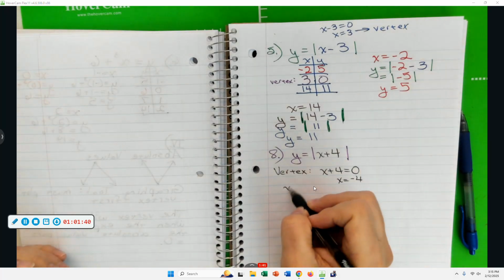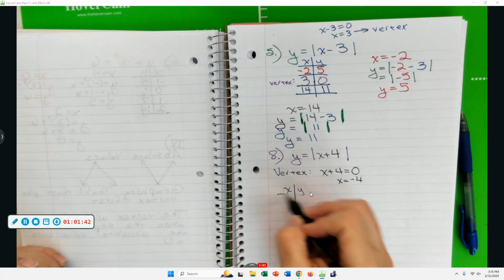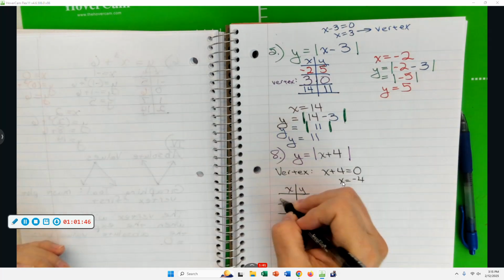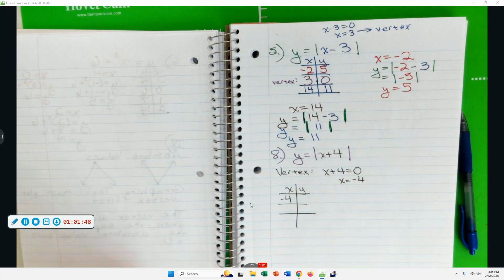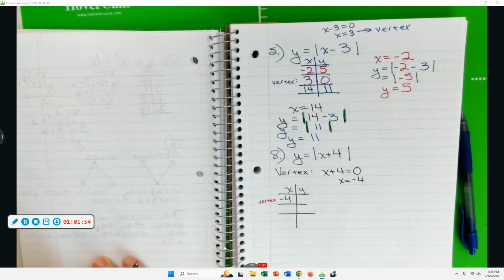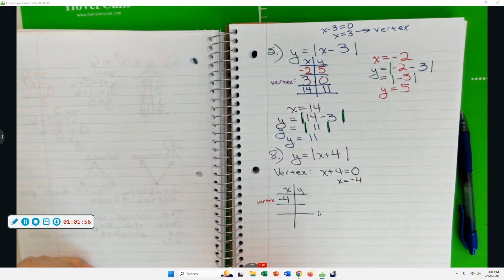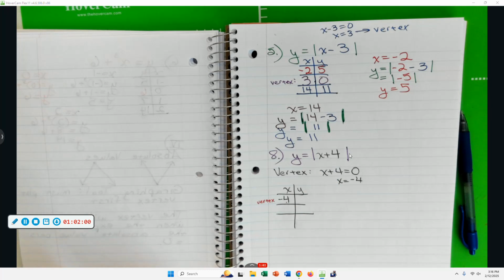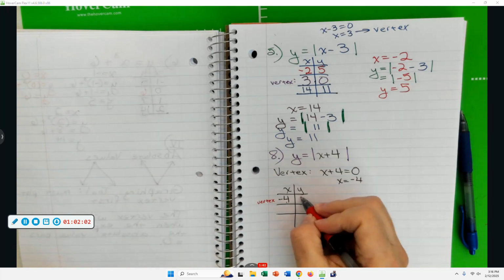We're going to make a table. We plug in -4 for x. That's where we have the vertex. Plugging in -4, what are we going to get for y? It should be easy. 0.